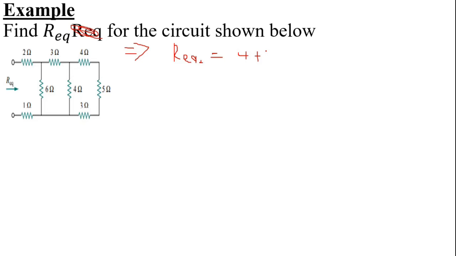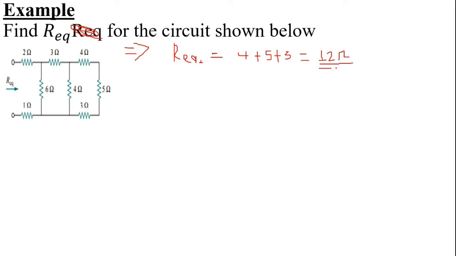So it will be 4 plus 5, that's 9, plus 3, 12 ohm. So the equivalent resistance for these 3 resistors is 12 ohm.